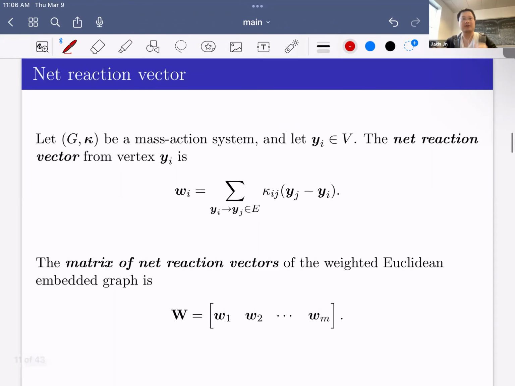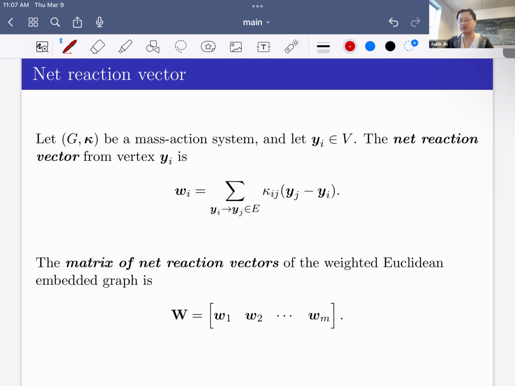Now I need to explain in a little more detail the following two concepts. First, I want to introduce the net reaction vectors. If you look at the right-hand side of the mass action system, each term has two parts: k times x to the y power, times y prime minus y. If you look at the monomials, each monomial corresponds to one vertex.